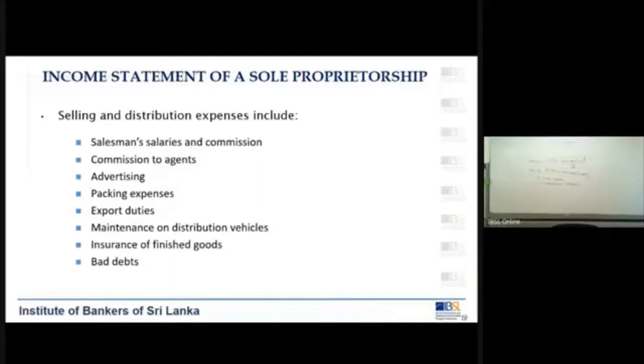Then sometimes you might have vehicles which are used in the distribution of your goods. I can think of an example. Let's assume the company Damro is a trading business. Of course, it is not a sole proprietorship, but assume that it is a trading business.